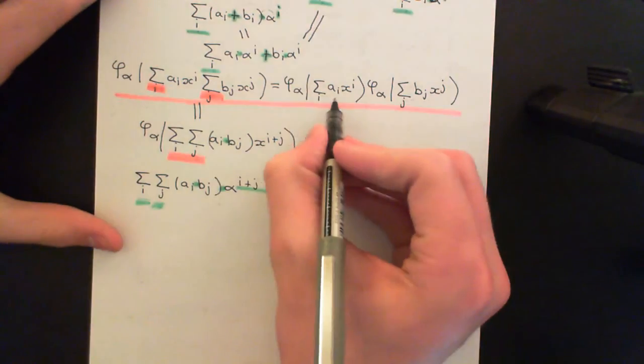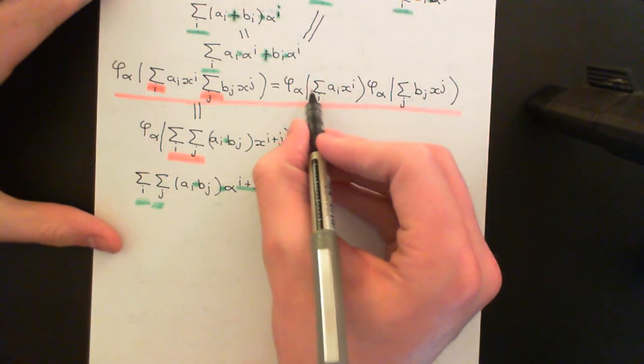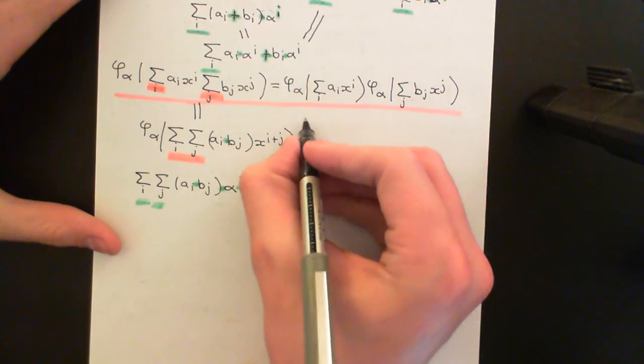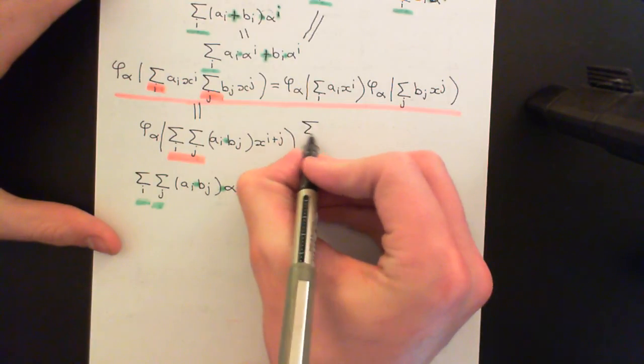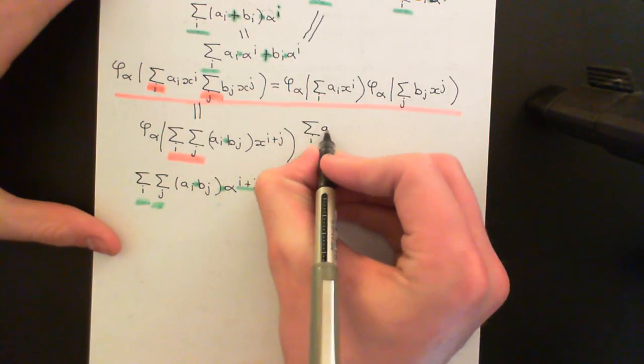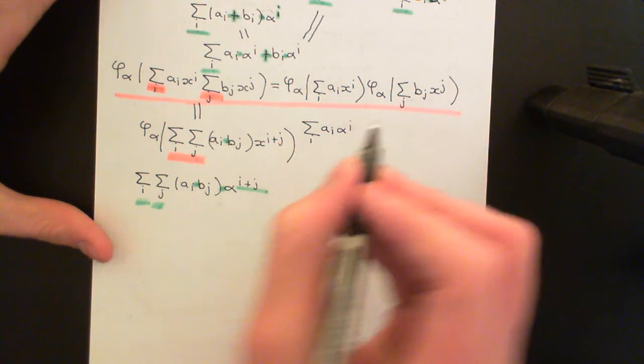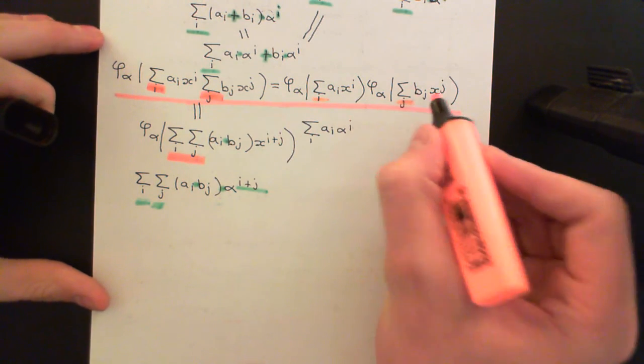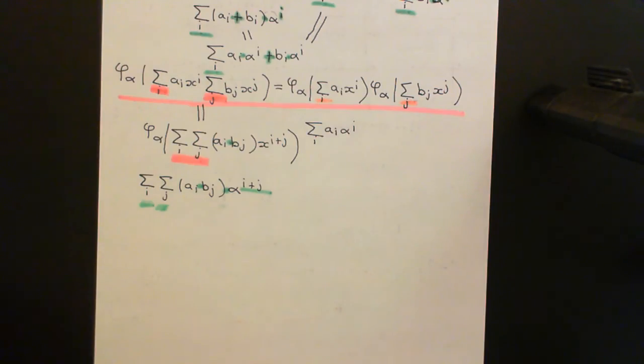So if we take phi sub alpha of the sum over i of a_i x to the i, then by definition what that's going to be equal to is the sum over i of a_i alpha to the i. Initially, of course, this addition was symbolic addition.